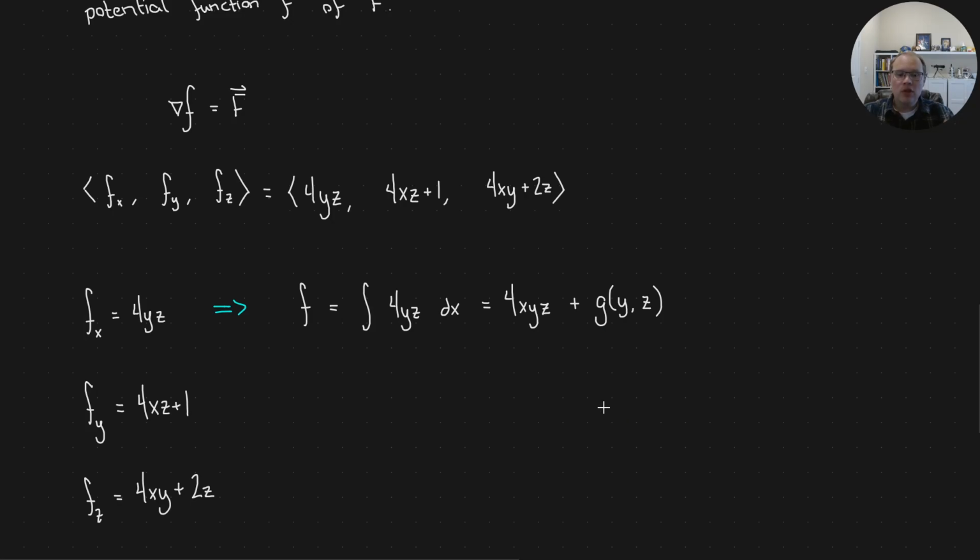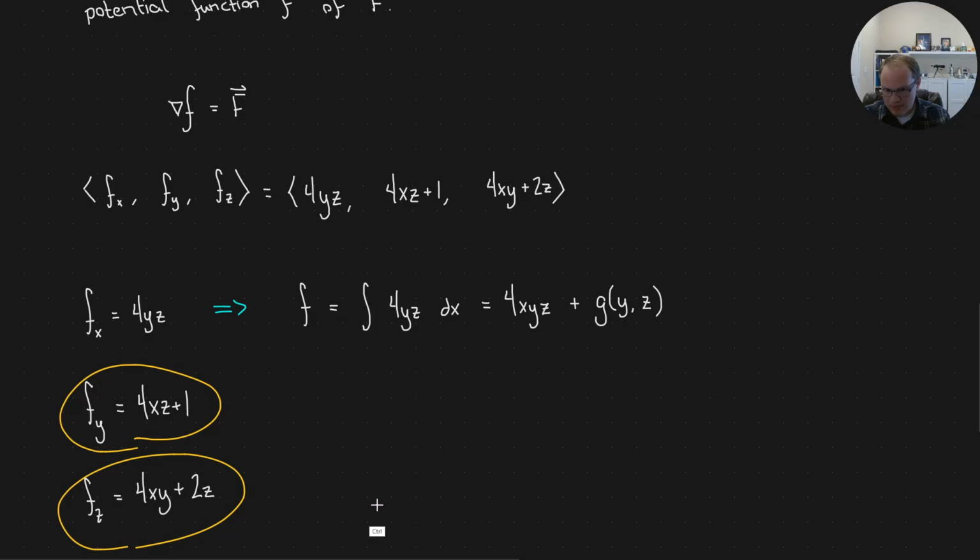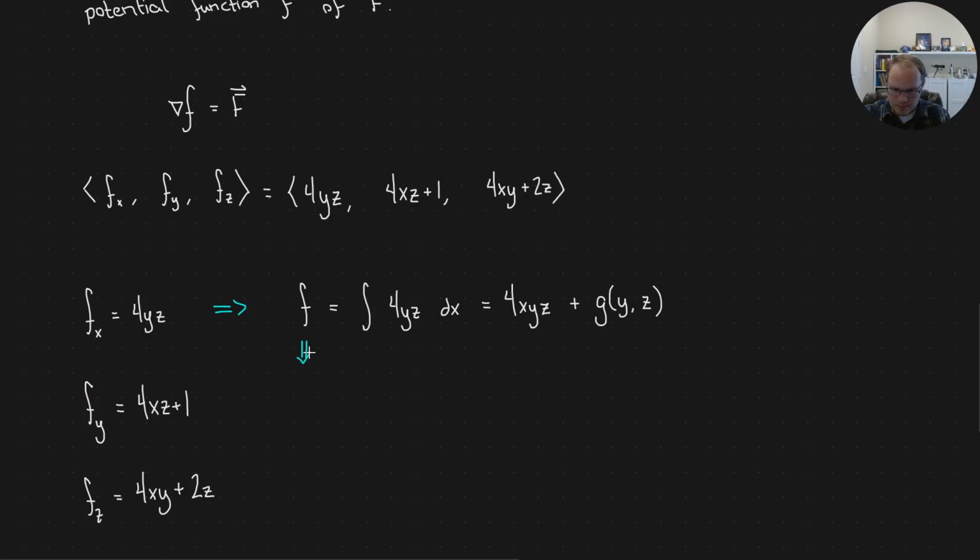All right? So what I'm going to do is take the derivative either with respect to y or with respect to z. Again, we have a choice here, but I need to use some of this other information I have. In this case, let's take the partial derivative of f with respect to y. Based on what I have, the partial derivative of 4xyz with respect to y is going to be 4xz. And the partial derivative of this function with respect to y, that's what I'm trying to figure out, is that function.